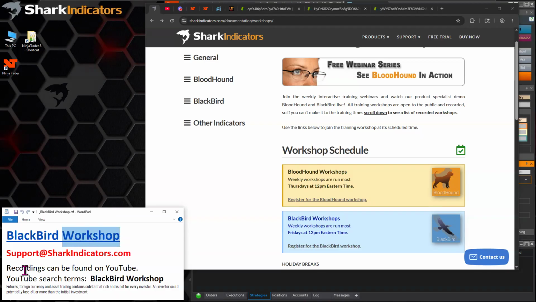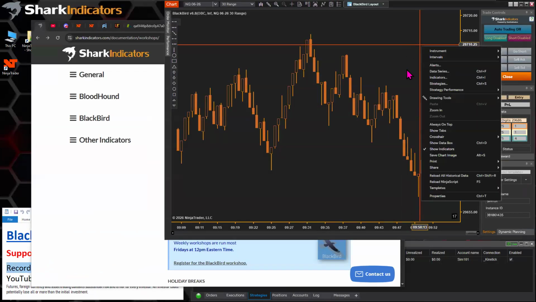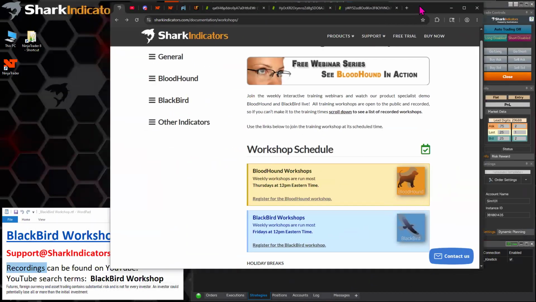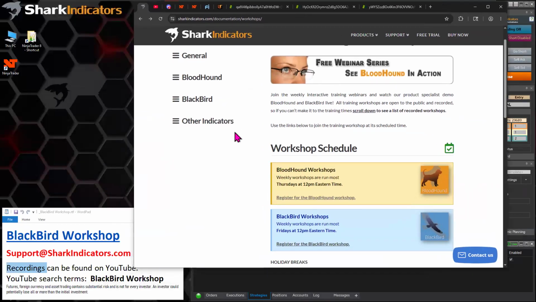Secondly, I'll explain how the recordings work, so if you ask a question, you'll know how quickly you can get a copy of that recording. And lastly, I'll explain what indicators I will install into my machine here, in case you have a question about using a third-party indicator or some custom indicator. So if anybody would like to hear that workshop introduction, let me know. I'd like to get that out of the way first before moving on to our first question.